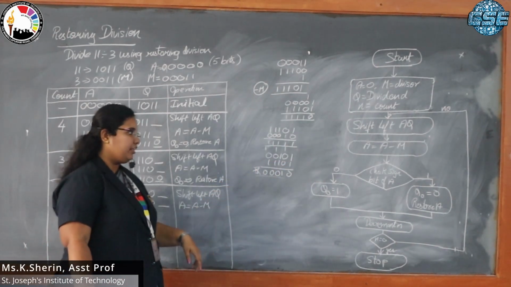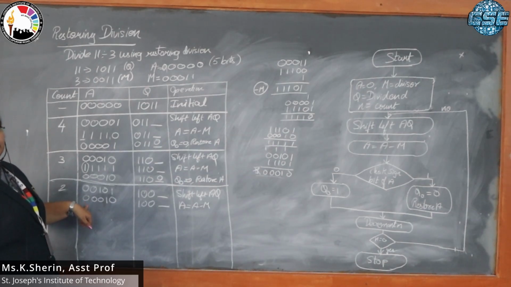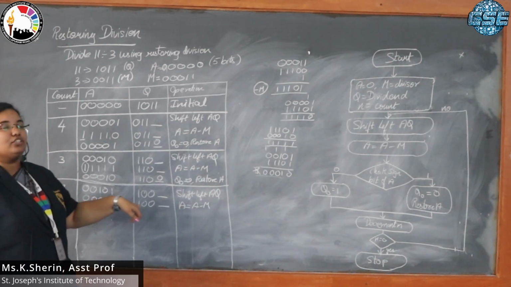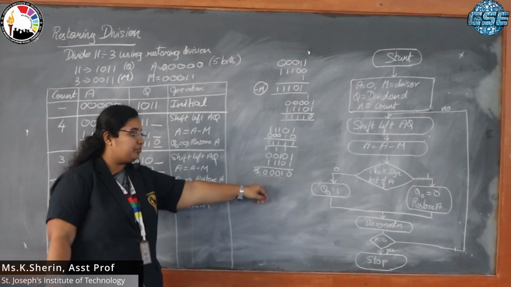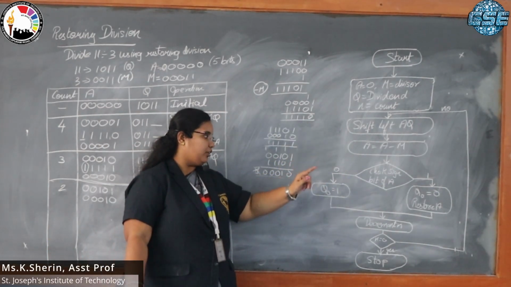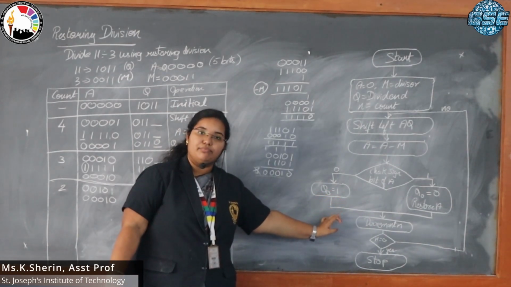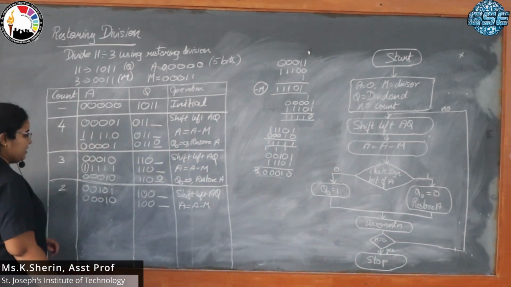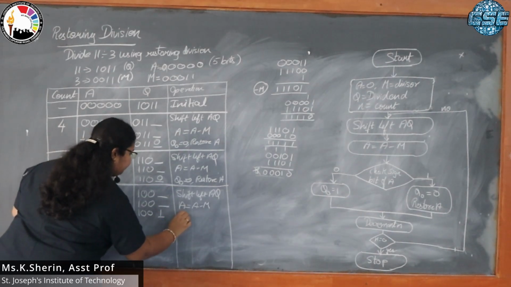What is given over here in the sign bit of A? Now my sign bit A value is 0. So what operation should I perform? If the sign bit value is 0, I have to fill the blank condition Q naught as 1. So I'm writing the Q naught value as 1.